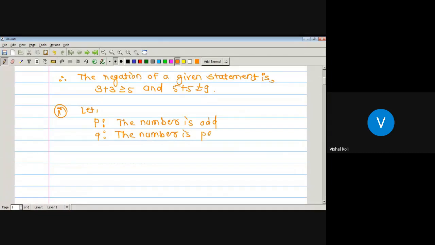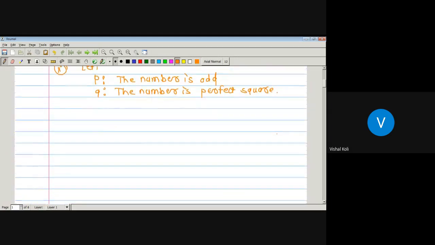We can write the given statement in a simpler form: the number is not odd and not a perfect square.